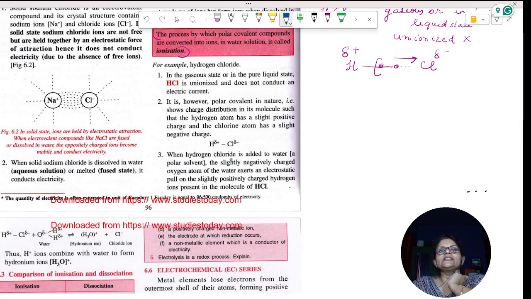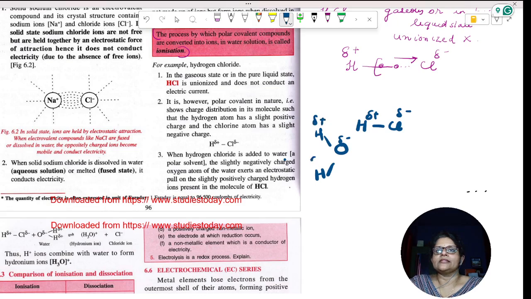So when hydrogen chloride is added to water, it is also a polar solvent. A slightly negative charged oxygen atom of the water exerts an electrostatic pull. So in HCl, hydrogen has got a slightly positive charge, and water has a slightly negative charge on the oxygen, right?